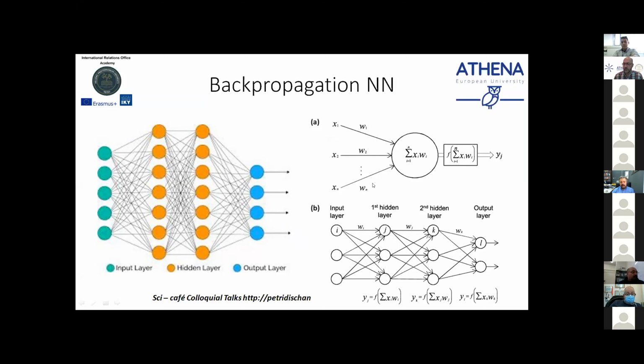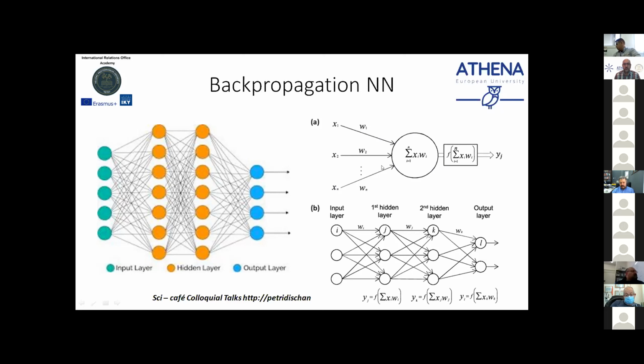A lot of relatively simple elements connecting the information, transforming the information through these lines from one layer to another, collecting the information, the inputs, for example, x1, x2, xn, multiplied by suitable weights, w1, w2, etc. And then this information is post-processed at the node by means of some activation function, which is usually a nonlinear function.